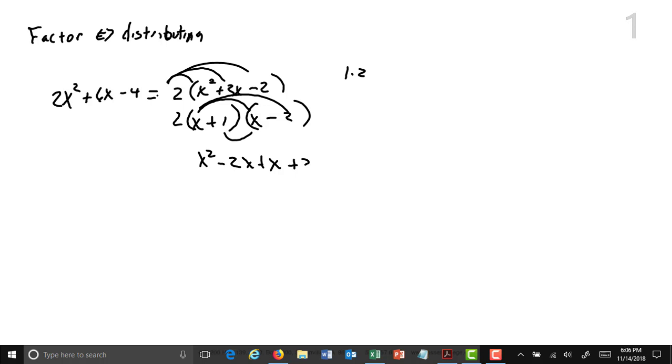Now, why is this called distribution here with this horn? Because look at it like this. Suppose that x plus 1, forget the 2 for now, suppose x plus 1 is dinosaur. And now what do I have left here? X minus 2. Do you see that? I'm just calling this whole term dinosaur, just so you'll step back and look at it as a different entity.